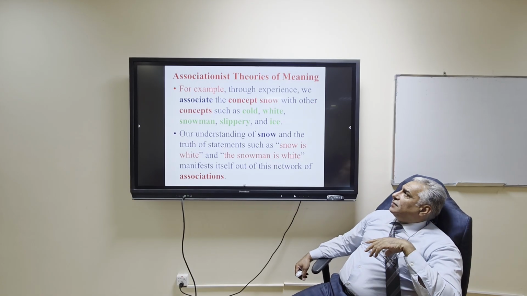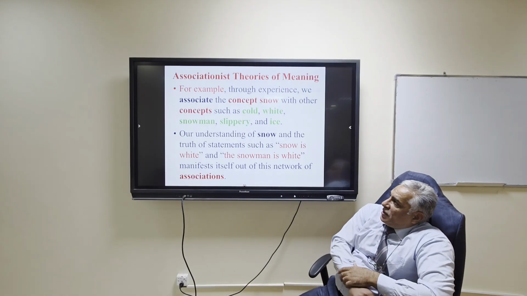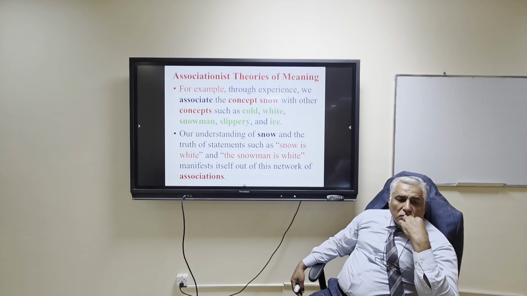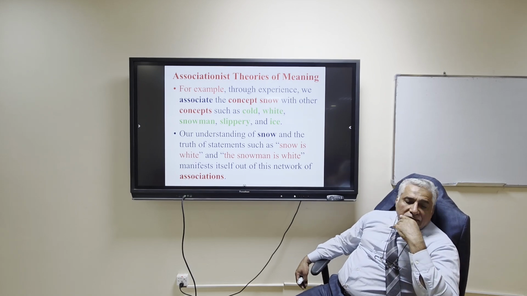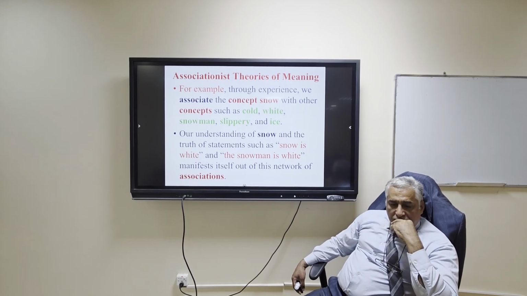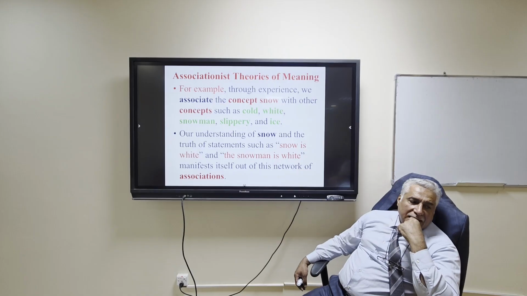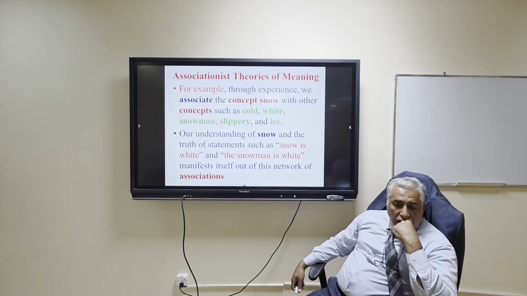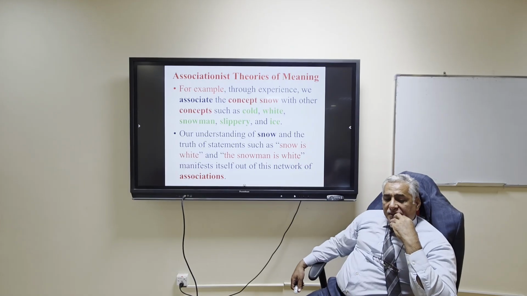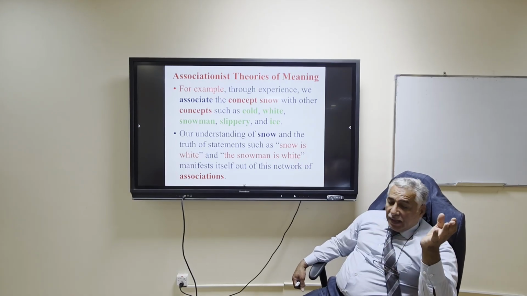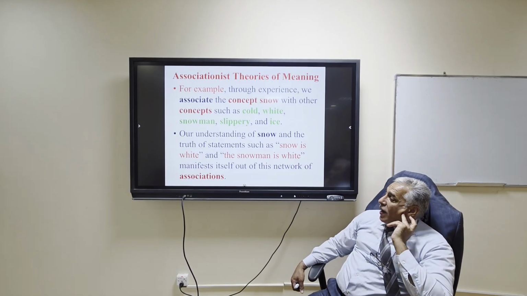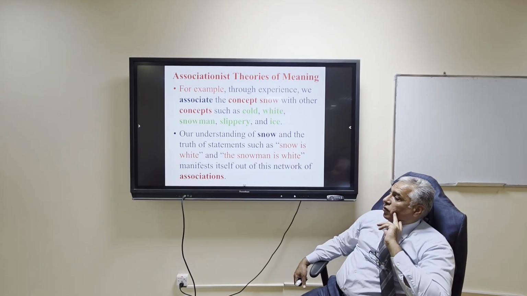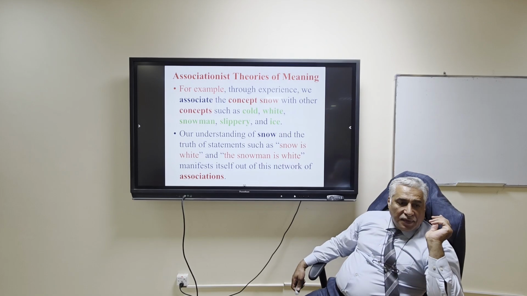For example, through experience we associate the concept snow with other concepts such as cold, white, snowman, slippery, and ice. Our understanding of snow, and the truth of statements such as snow is white and the snowman is white, manifest themselves out of this network of associations.